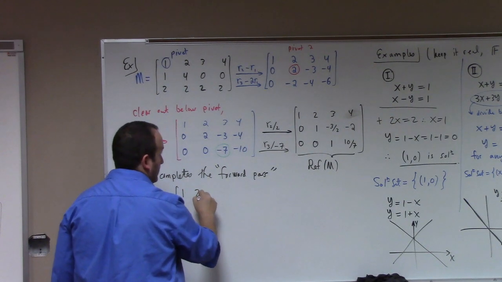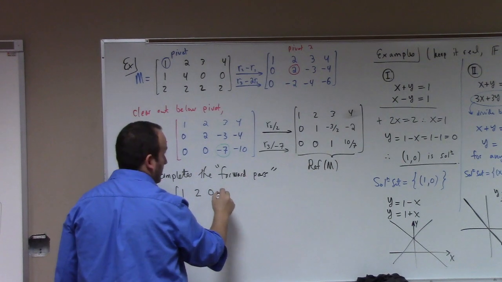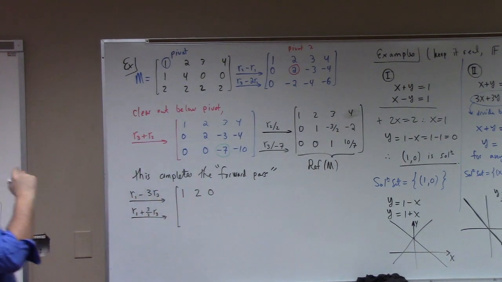1, 2, 0. And then we have to think about it. What is 4 minus 3 times 10/7? What's 4 minus 30/7? Negative 2/7.